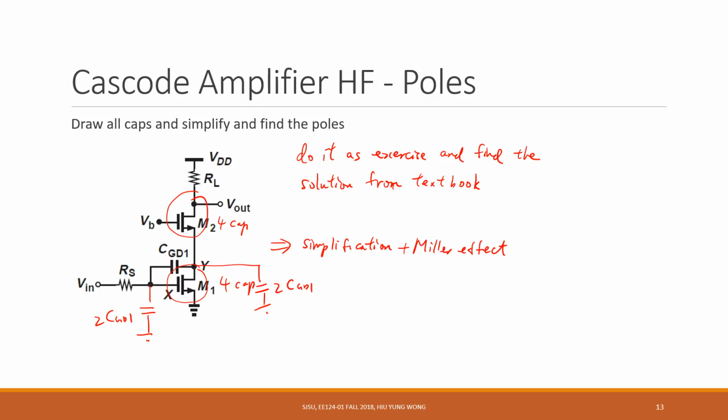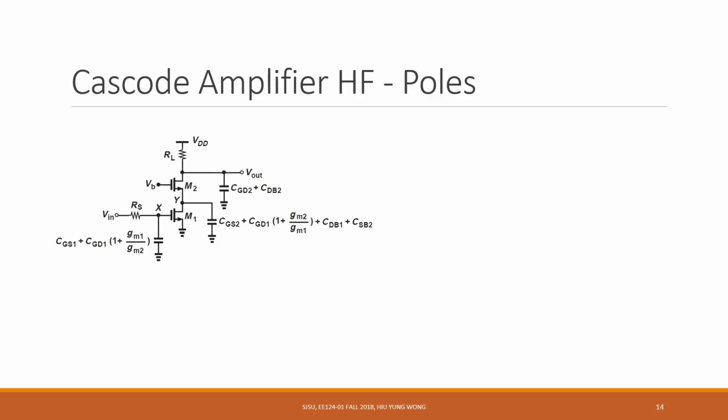Why? Because this is just CGD1 times 1 minus 1 over A, and because A is negative 1, this is again 2 CGD1, right? A equal to negative 1. So they are the same. This is the time the input and output have the same Miller cap. Okay? And sorry, actually no need to refer to the textbook.